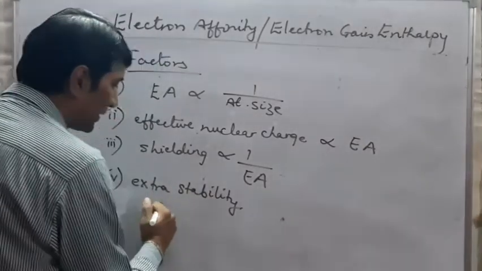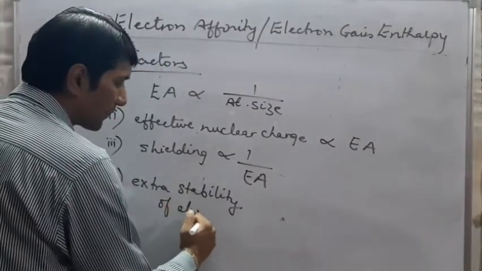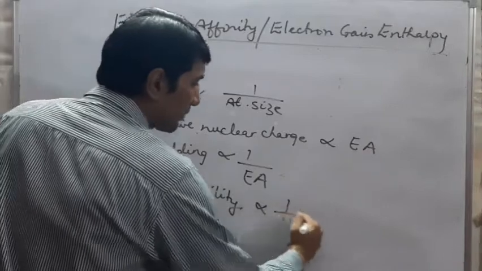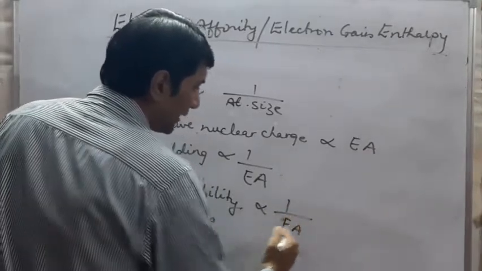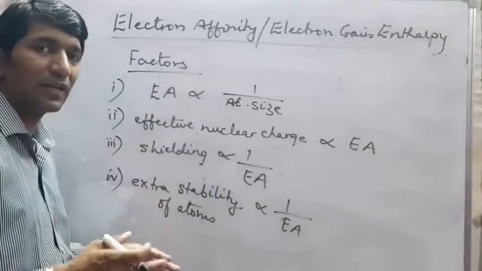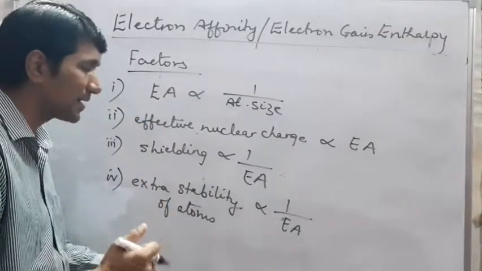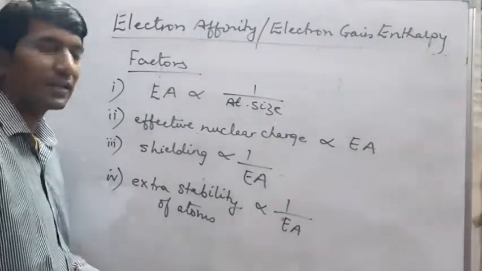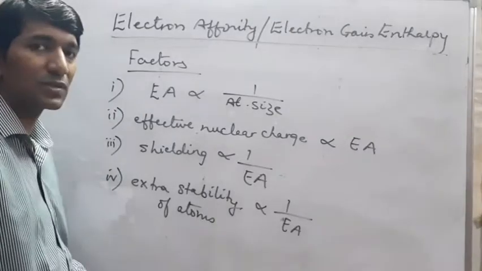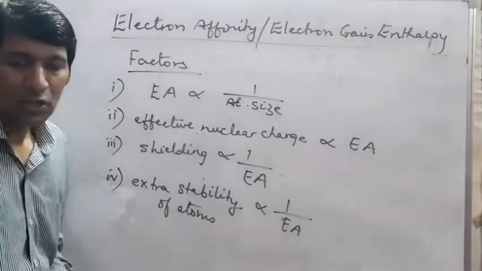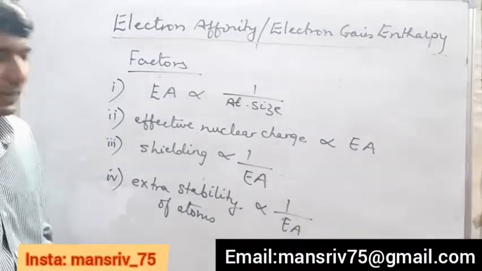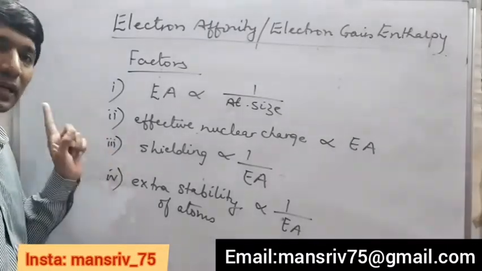So extra stability of atoms is inversely proportional to EA, which means if it's extra stable, more energy is required, so less energy is released, because of which the electron affinity values are less. I hope that you are clear with this.